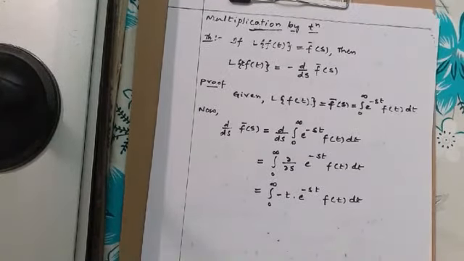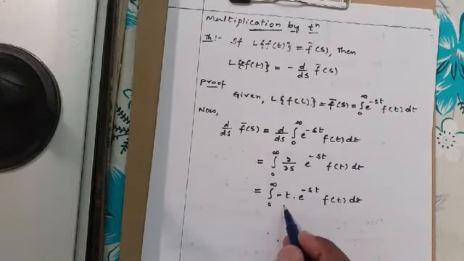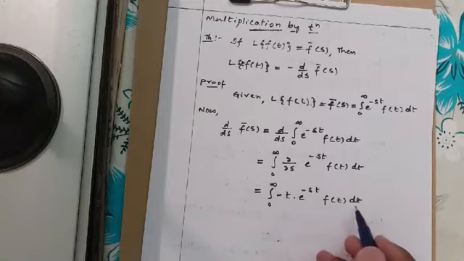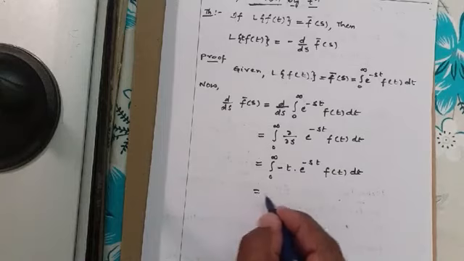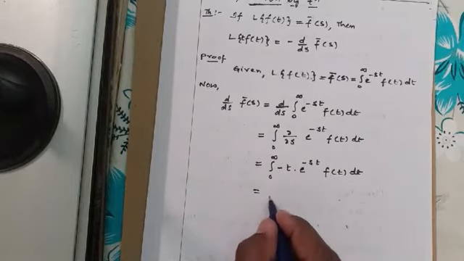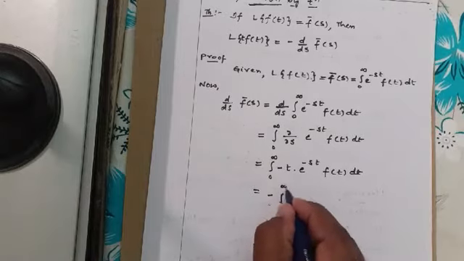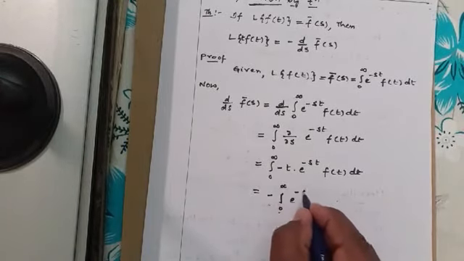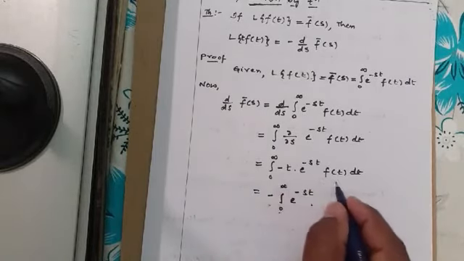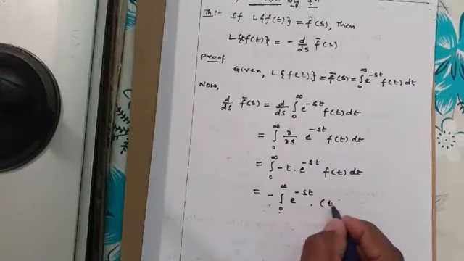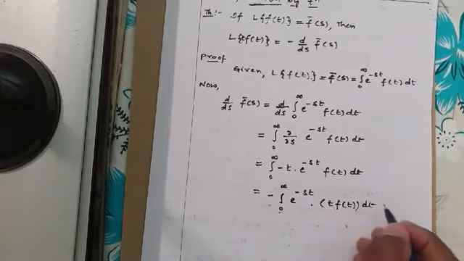I am differentiating e power minus st, so you got minus t e power minus st f of t dt. Now in the next step, I can take this minus outside, that becomes minus integral 0 to infinity e power minus st into, I take t with f of t, so that this becomes t into f of t dt.